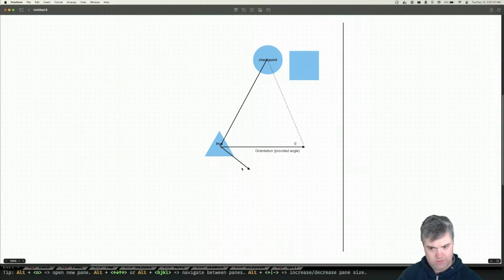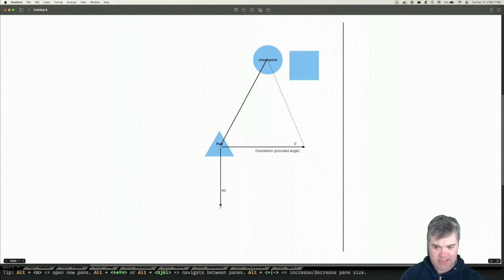If my angle was this, 90 degrees, then for 90 degrees my X doesn't change at all, but my Y changes. The same with 180, it's just to the left instead of to the right.